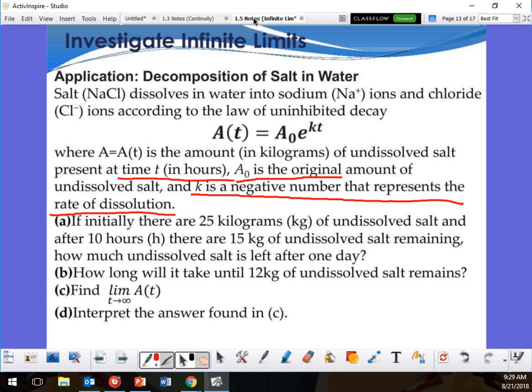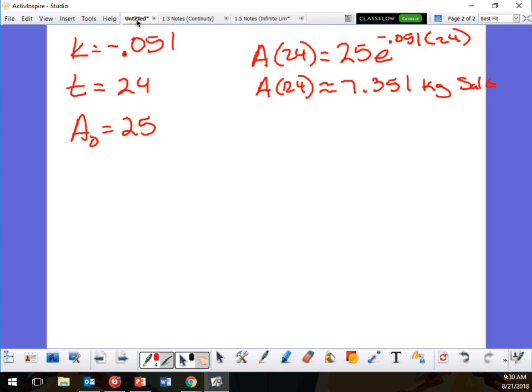Okay, how much undissolved salt is left after 1 day? How long will it take until 12 kilograms of undissolved salt remains, okay? So I want to know when there's 12 kilograms left, okay? So let's go back. So I want this function to equal 12, right?